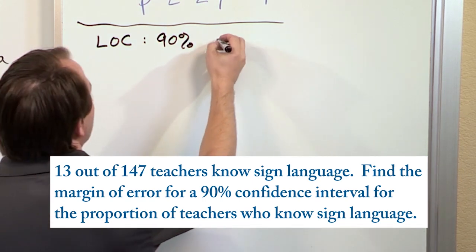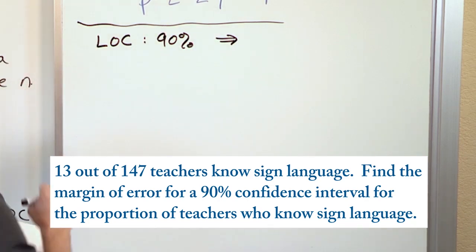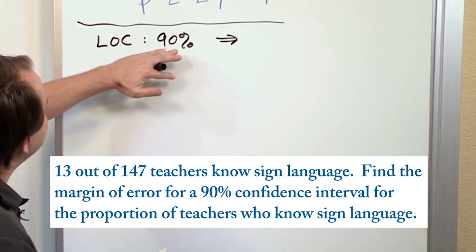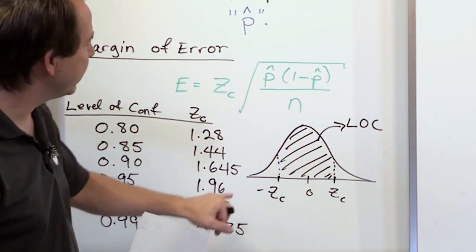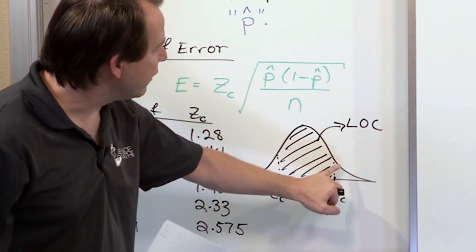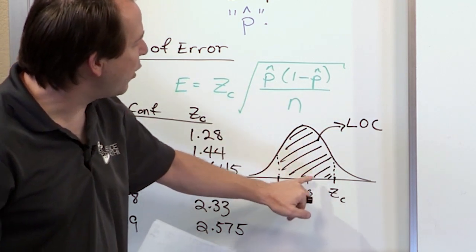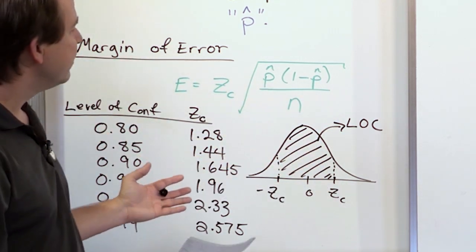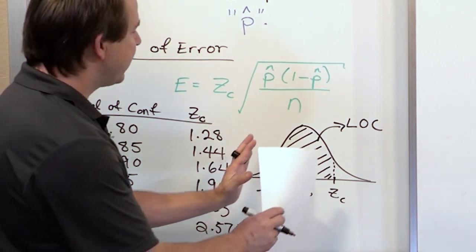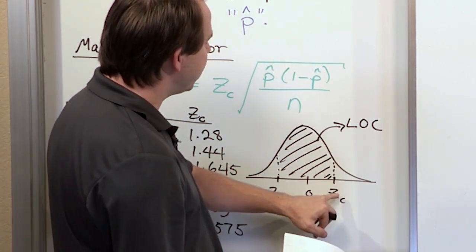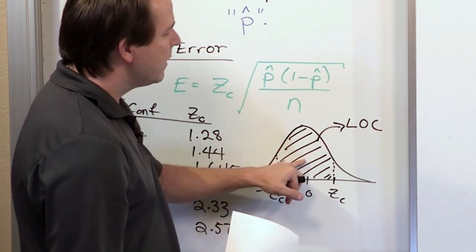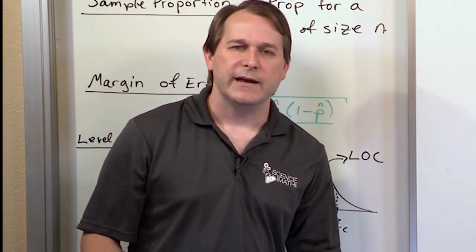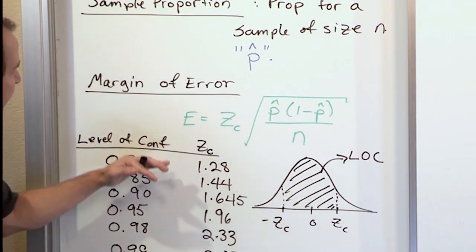Whenever you're doing something with proportions like this, you need to ask what this is telling you. If I were going to do the whole thing manually, the area here is the level of confidence, 0.9. If I look at my chart in the back of my book and lock down the area, I should be able to find the values of z here and here that make 0.9 in the middle. But I've already done that work for you because we've constructed this table.